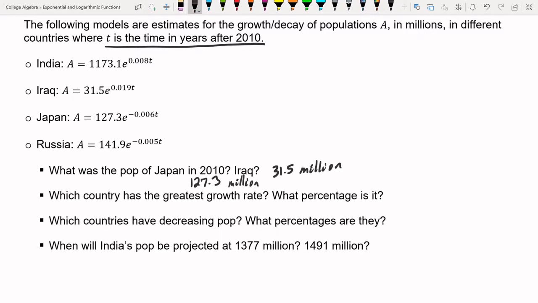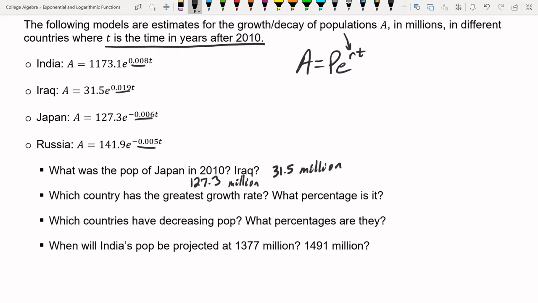All right. Which country has the greatest growth rate, and what percentage is it? Well, if you remember the formula, A equals P times e to the rt, the growth rate is the thing multiplying the t. So our growth rates are 0.008, 0.019, negative 0.006, and negative 0.005.